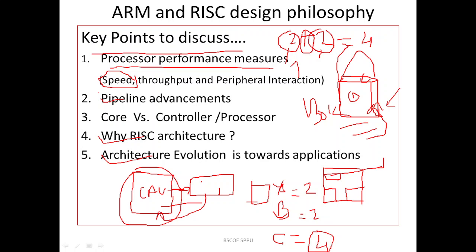A very important point for processor performance: speed, throughput, peripheral interaction, and pipeline advancement. Pipeline advancement is a main part of increasing the speed, so all these are the key performance parameters.